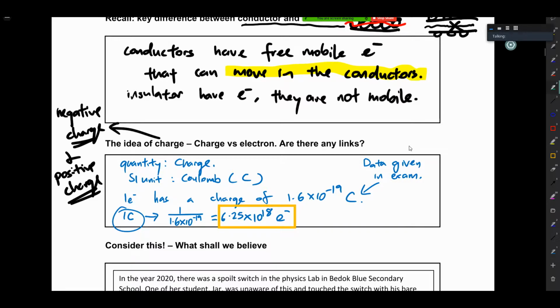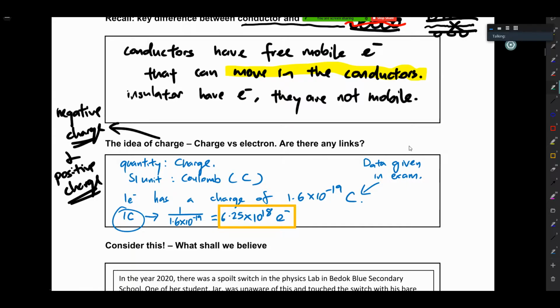So we say that electrons are flowing to the left or to the right. Now, when we say one coulomb of negative charge moves, we are basically saying that 6.25 times 10 to the power 18 electrons are moving. That's the idea of 1 coulomb of charge: it is more than a billion electrons, a billion times a billion electrons.